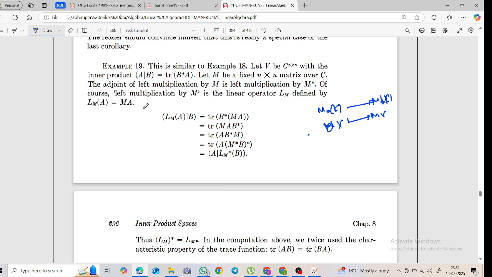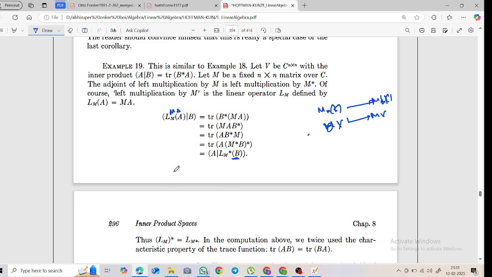Okay. So what is L_M A inner product B? That is trace of B star MA, right? Because L_M A is MA, that is MA B star, and that is A B star M, that is trace, and you get this.